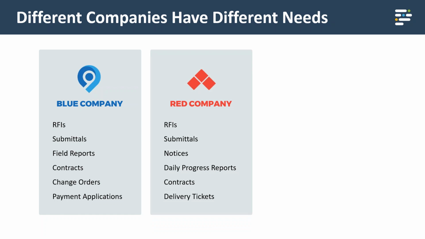If we ask another company, maybe the red company, what they expect to track in a good project management system, some of these things might be consistent and some might differ. They might say RFIs, submittals, maybe notices or safety notices, daily progress reports, contracts, and maybe some kind of delivery ticket system, so that as tickets come in, they're tracking them.